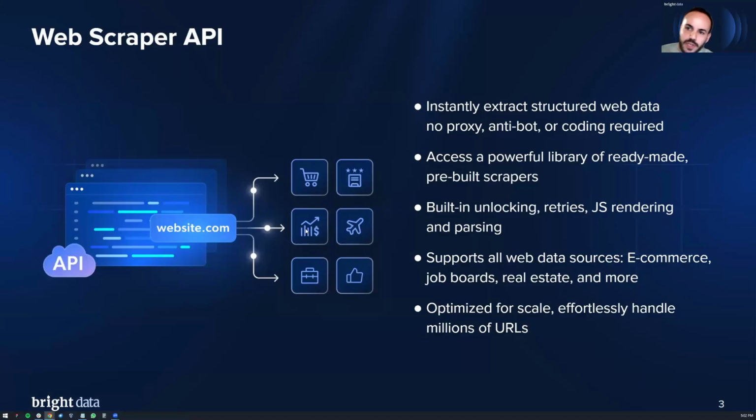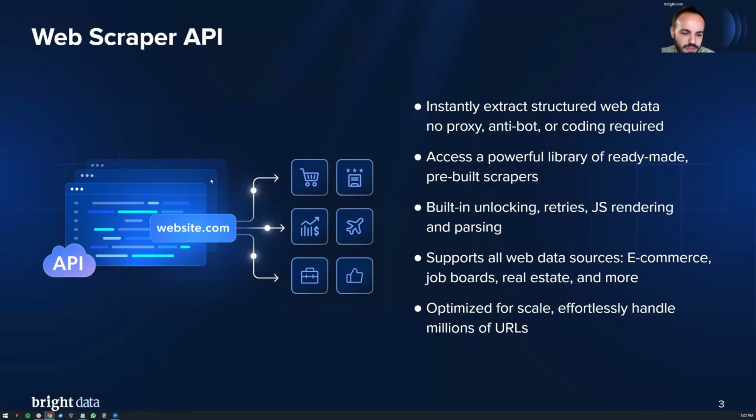Before we start the demonstration, I want to give you a quick overview about the WebScraper API, and how it is actually different from using proxies for scraping. The WebScraper API is a solution that is all about simplifying and accelerating web data collection.